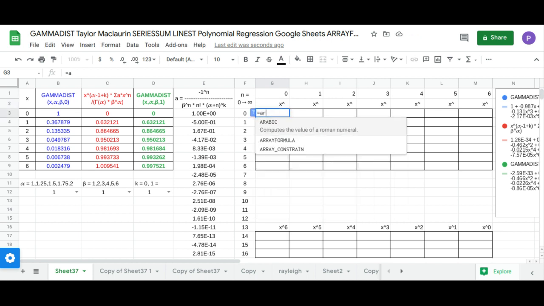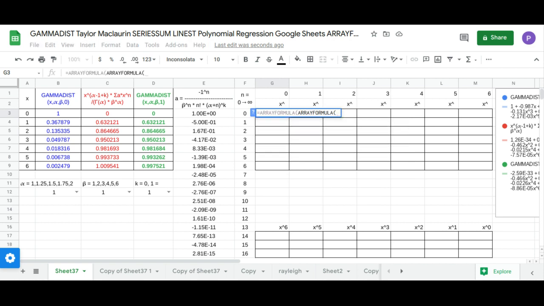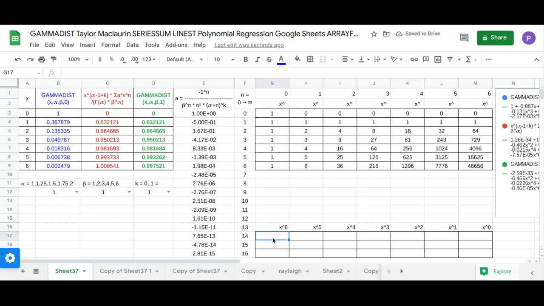So array formula of the x values raised to the power 0 to 6. Then enter. And we calculate LINEST, starting with the probability density function, LINEST, data y, and data x. And enter.